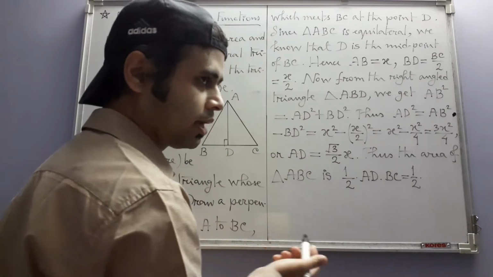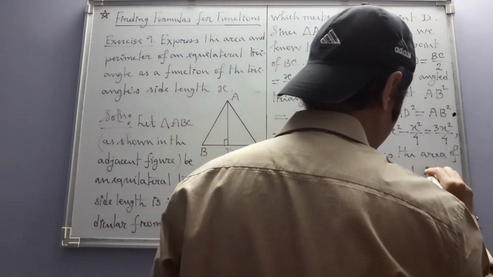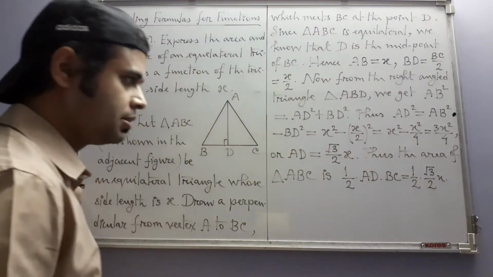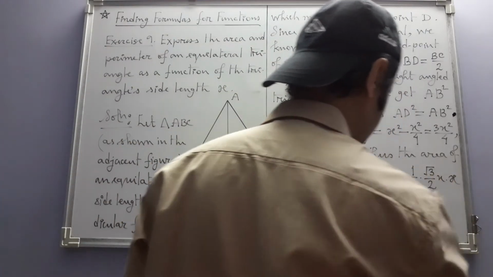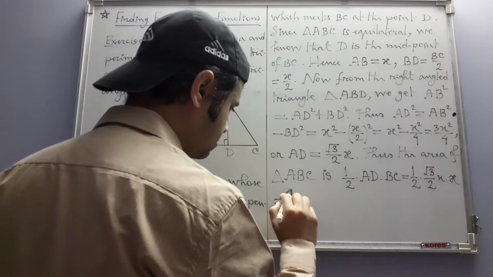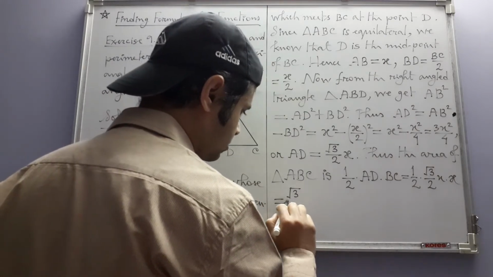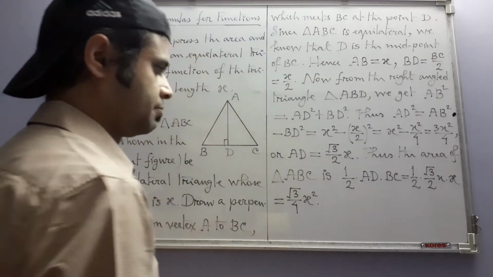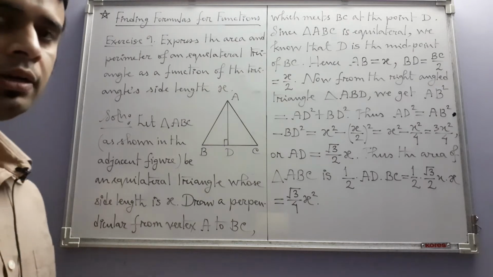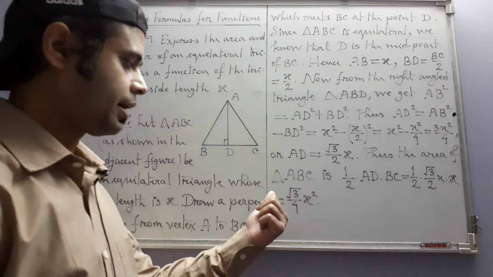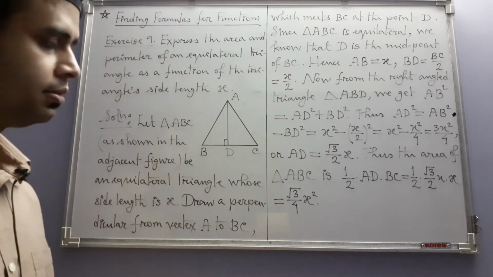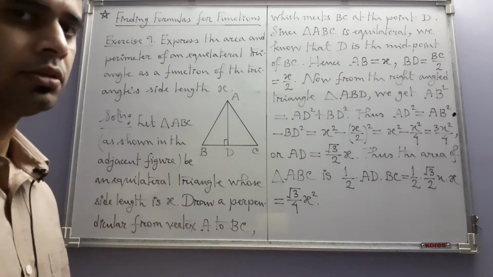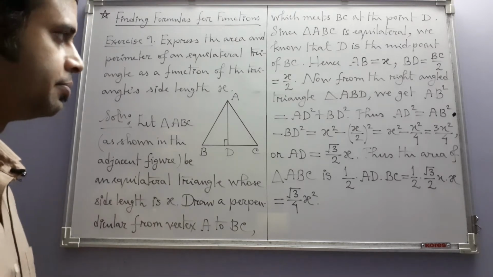Now we have already calculated AD, and BC is x, so this is equal to square root of 3 divided by 4 times x square. So this is the area of an equilateral triangle as a function of its side length. You know the side length. Using this formula you can find the area of the corresponding equilateral triangle.